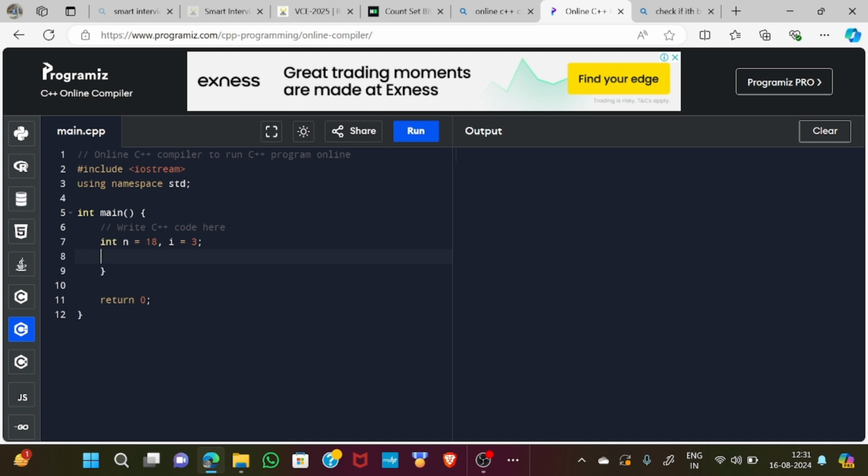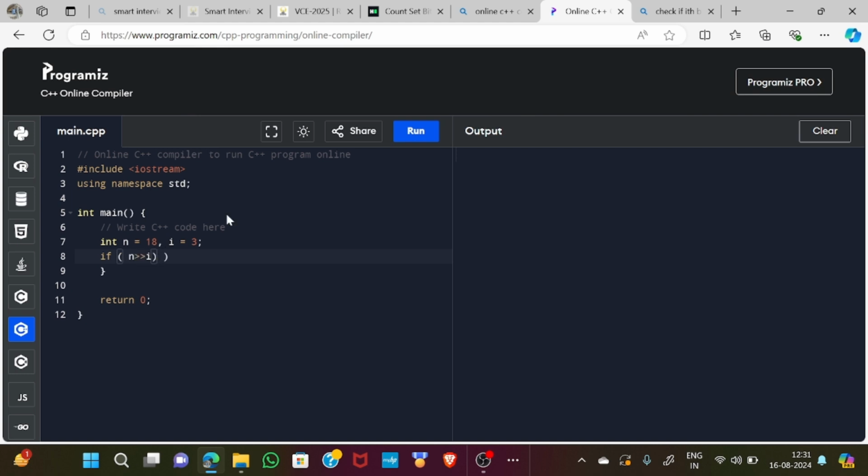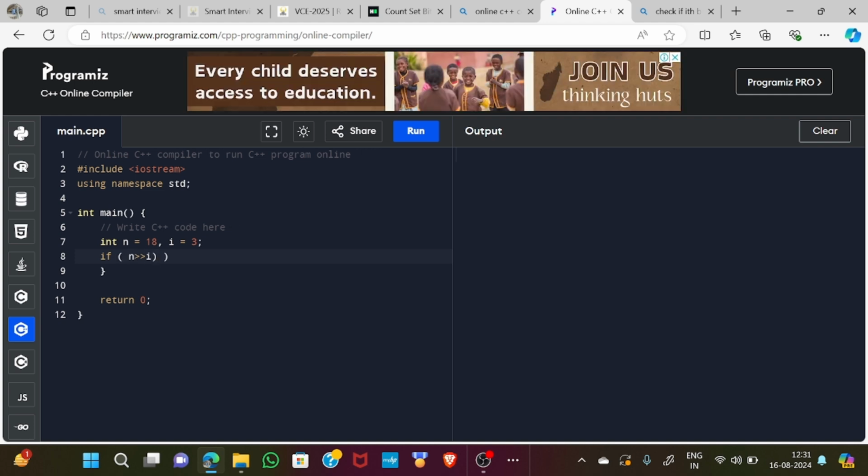And now what we will do is, first N right shift I, and if that digit AND 1 is equal to 1, which means that the ith bit is set, or else it is not set.